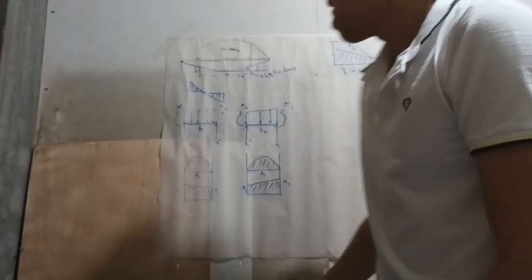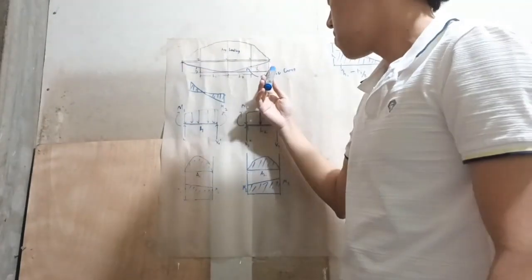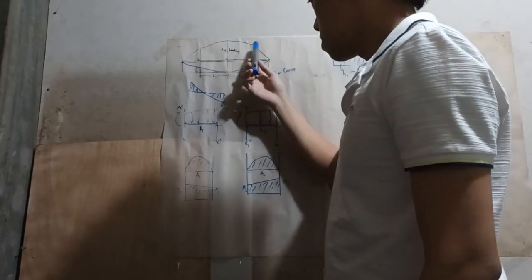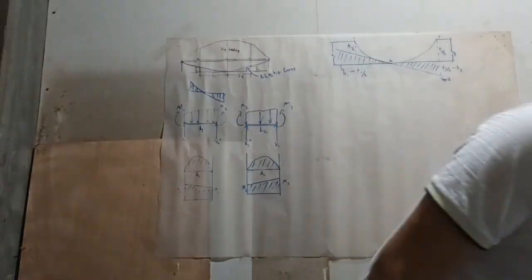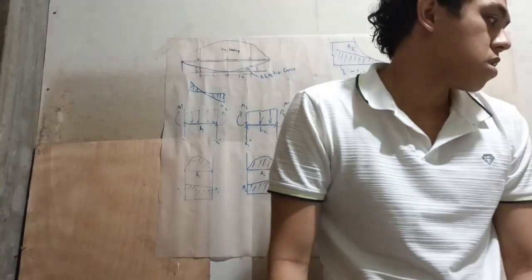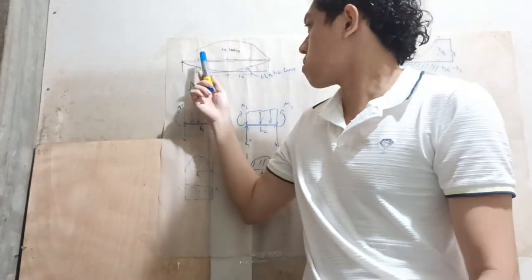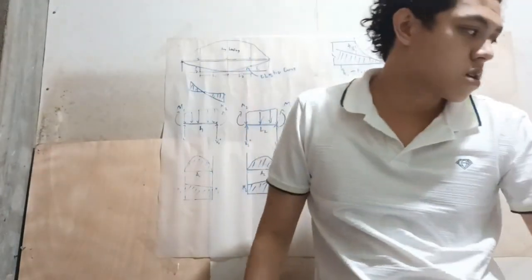So we have a simply supported beam here. Then we have a nonlinear loading. It states that moments at any 3 points. So we put point 1, point 2, and point 3 here.